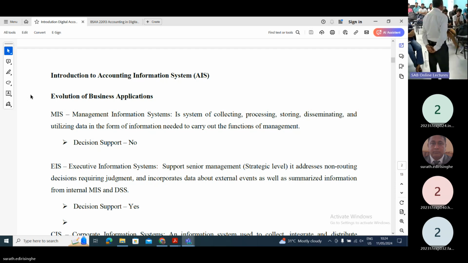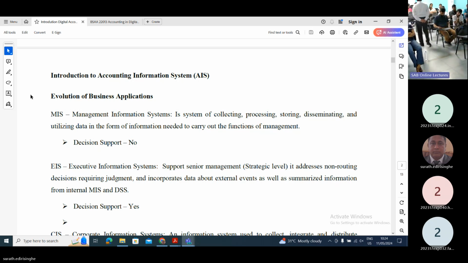For day-to-day activities, for the purpose of routine transactions and routine information, the company maintains an MIS. The MIS basically works on collecting information, processing it, storing it in the computer system, and disseminating it to the required parties of the organization.